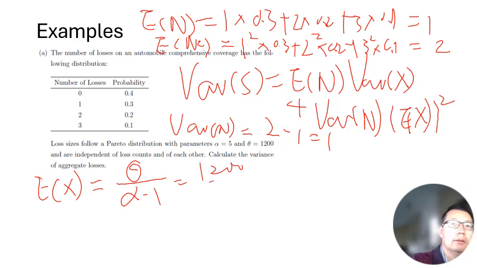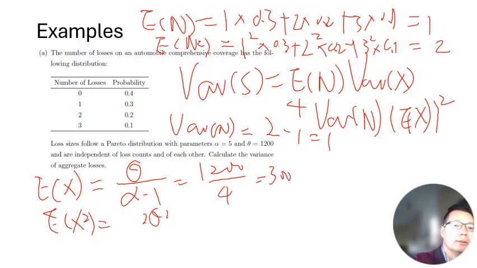Then we get 300. And E[X squared] is 2 theta squared over (alpha minus 1)(alpha minus 2).